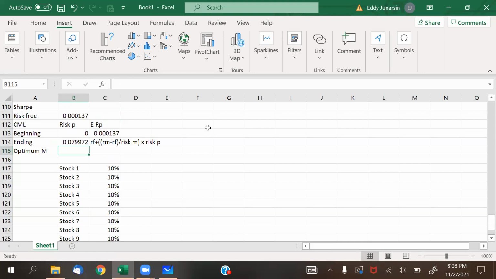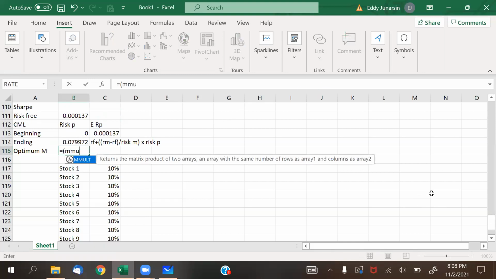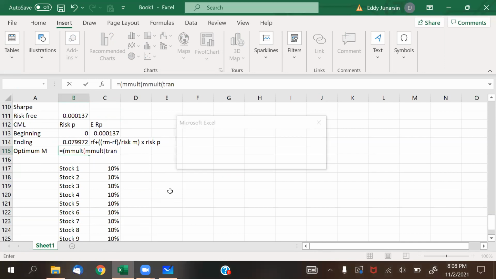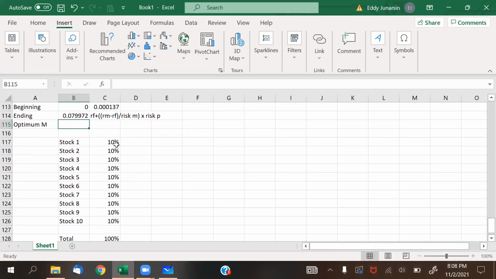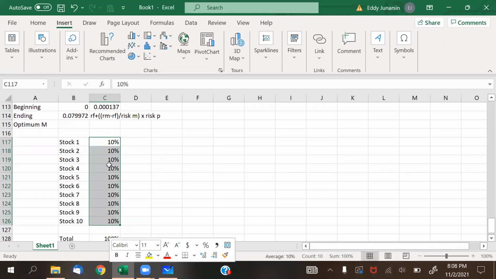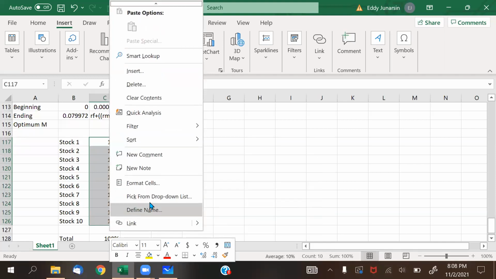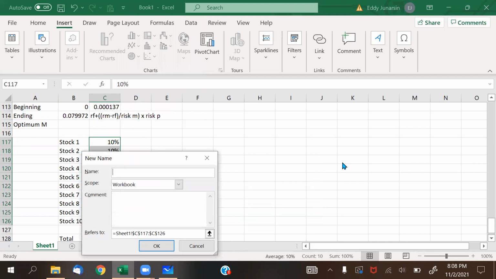Okay, so we write down the formula first. What would be the formula for risk? We need the naming to make it easy. What name now for this one? We have used weight, proportion. This one may be W or WS. Yeah, W sharp, the weight for the Sharpe case. So WS.